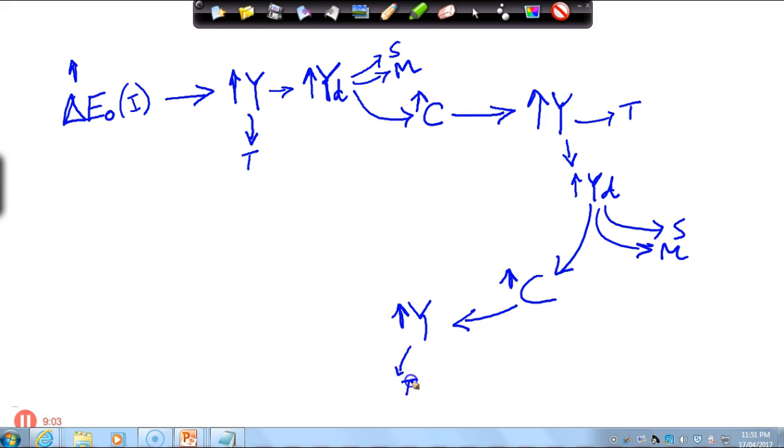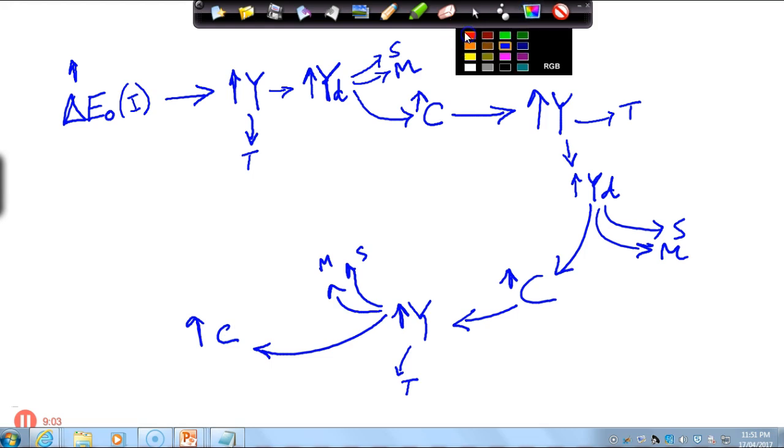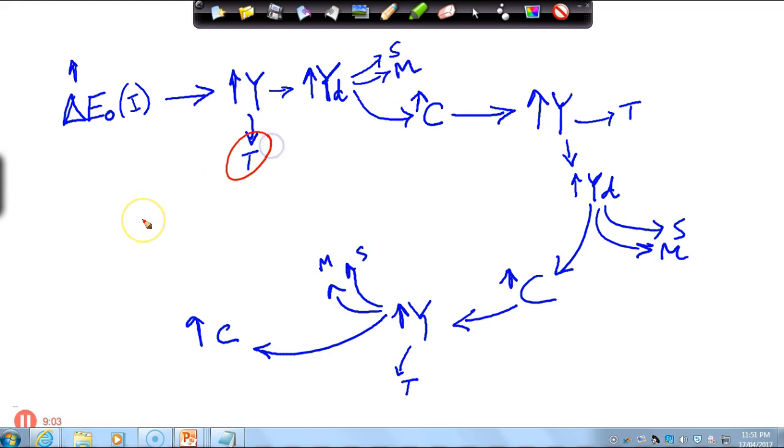But some of that is taken out in tax, the rest is saved, some is spent on imports, and the rest is, and so on. The point I'm trying to make is that there are more leakages in this story. We've added the leakage of tax, and we've added the leakage of imports.